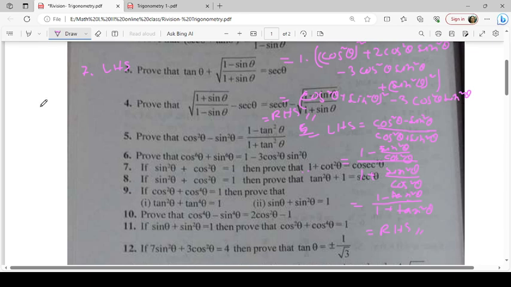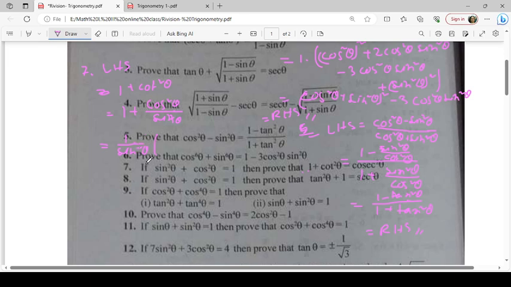So we need to write here left hand side is 1 plus cos square theta by sin square theta. Then we take common 1 by sin square theta.